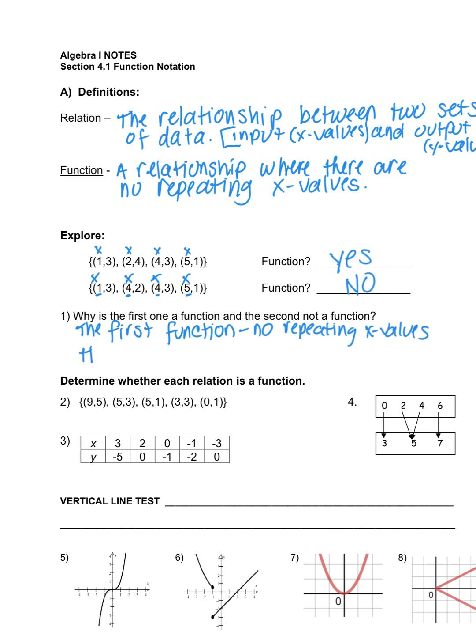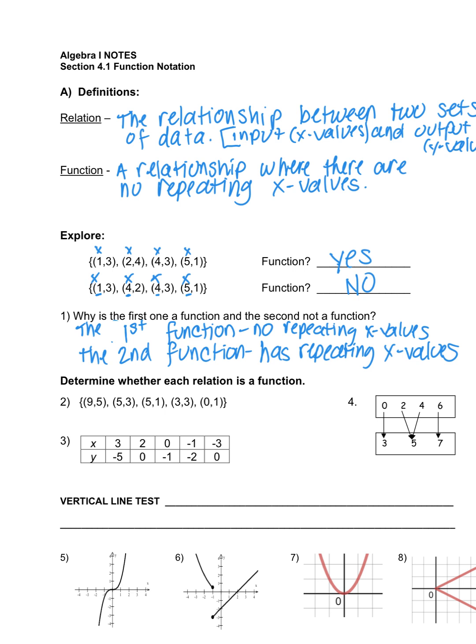Whereas the second function has repeating X values. So therefore, that's why the first one is a function and the second one is not. I'm going to change this to first, I want to keep my labeling consistent. And there we go. The first function, no repeating X values. The second function has repeating X values.